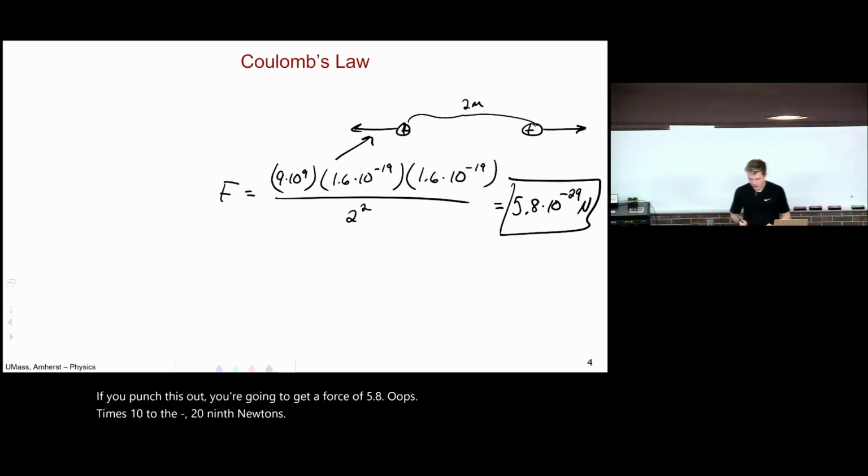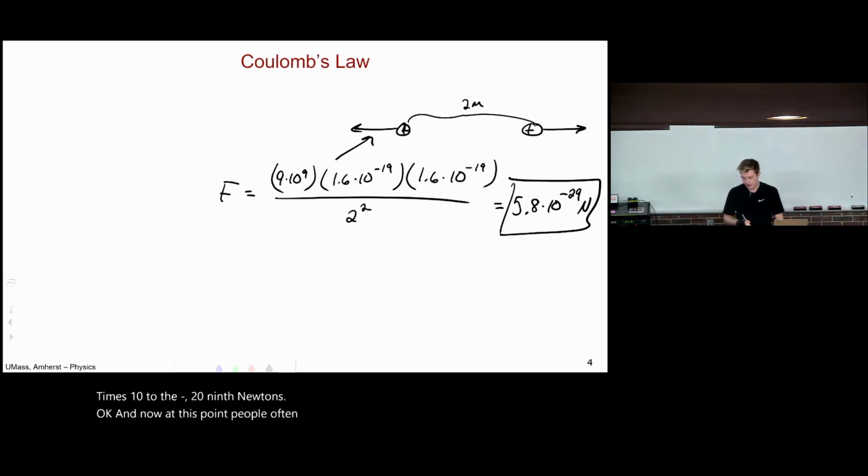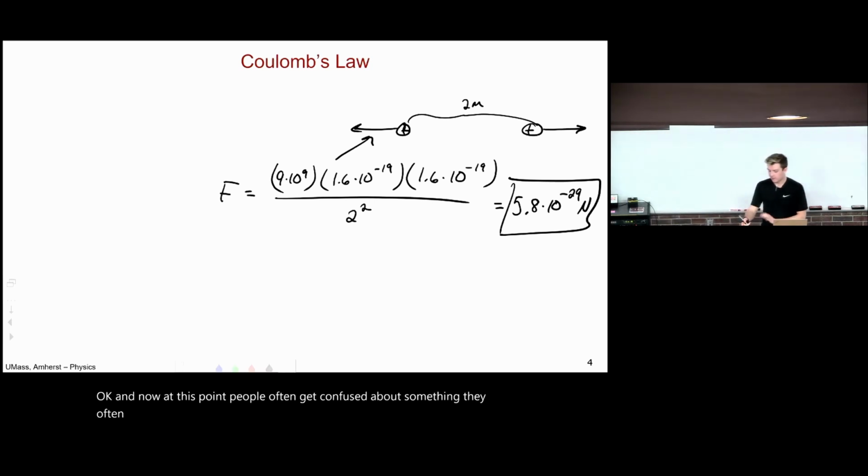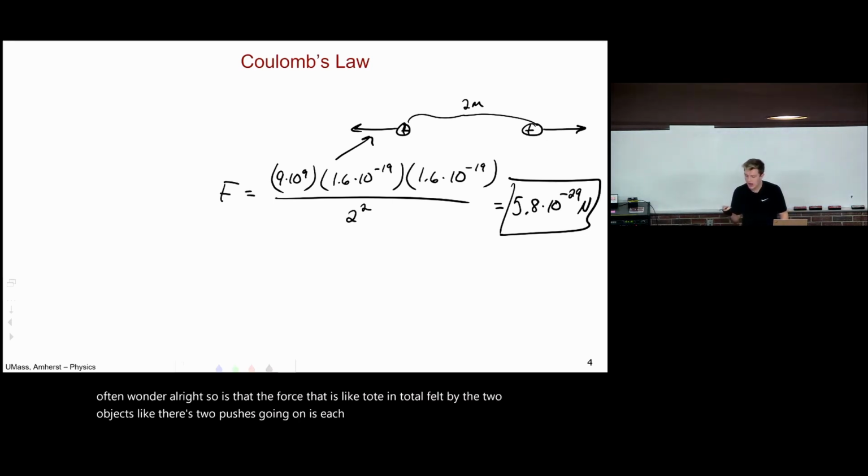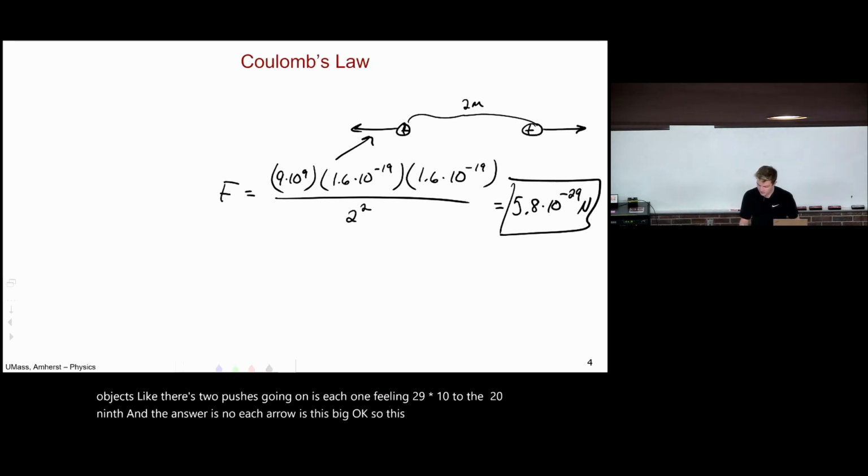Okay? And now, at this point, people often get confused about something. They often wonder, all right, so is that the force that is in total felt by the two objects? Like there's two pushes going on. Is each one feeling 2.9 times 10 to the negative 29th? And the answer is no. Each arrow is this big. So this guy on the left experiences a push of 5.8 times 10 to the negative 29th newtons.